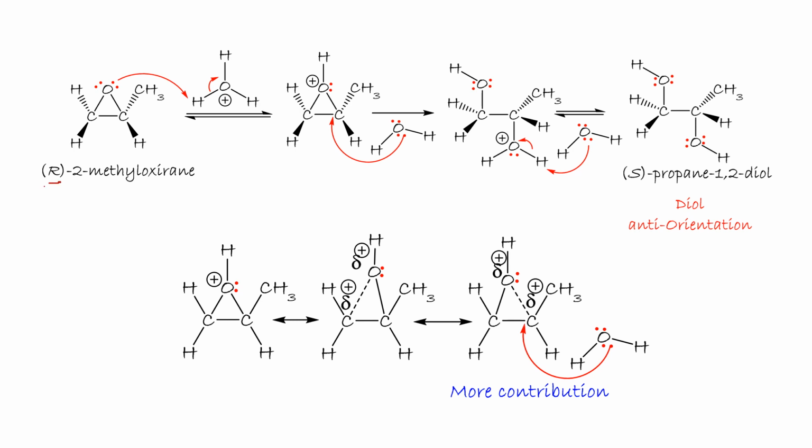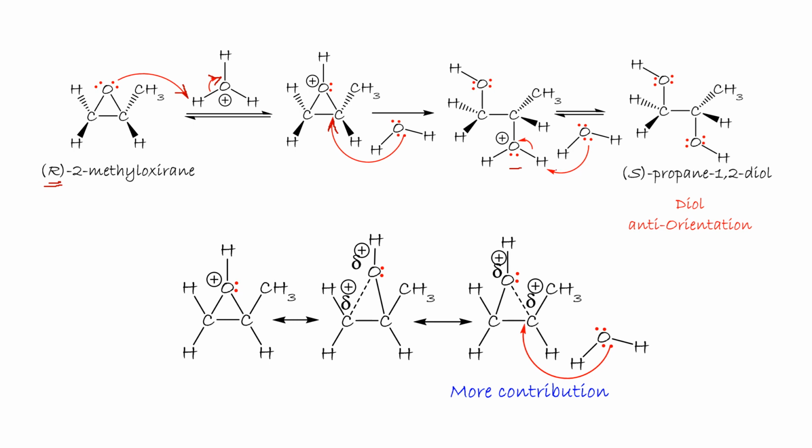Just to make it clear with one more example, 2-methyloxirane: protonation first, proton transfer, then nucleophilic attack. As you can see, the nucleophile will attack the carbon carrying more substituents to form an oxonium ion.